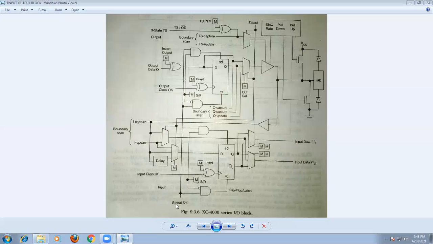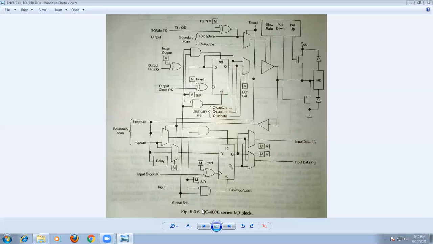By using this global S and R, we can program each flip-flop to be either in the set condition or in the reset condition, depending upon this global SR pin.